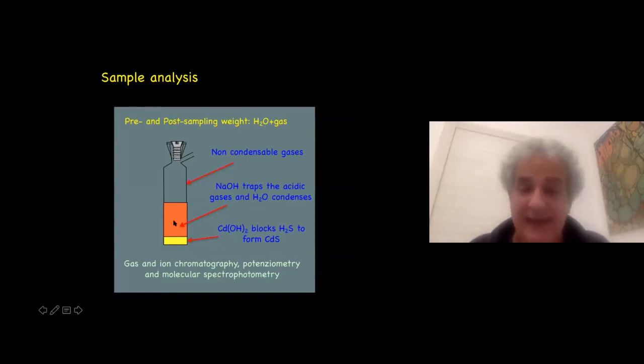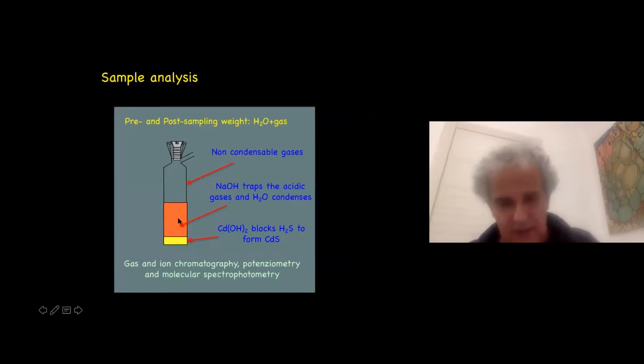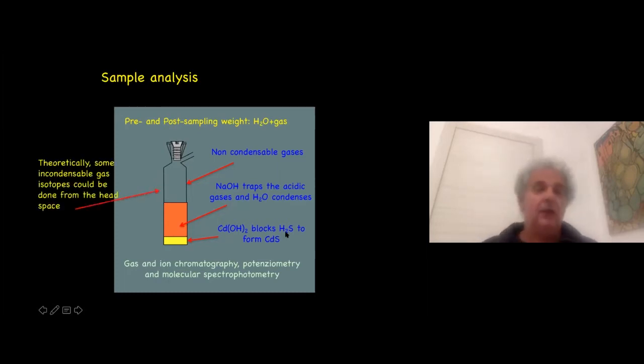And then you have a liquid phase, that phase where the acidic gas is dissolved. And then you also have a solid phase related to the cadmium sulfide due to reaction of the cadmium hydroxide with H2S. So you can do all the analysis: gas, ion chromatography, potentiometry, molecular spectrophotometry, whatever you want.